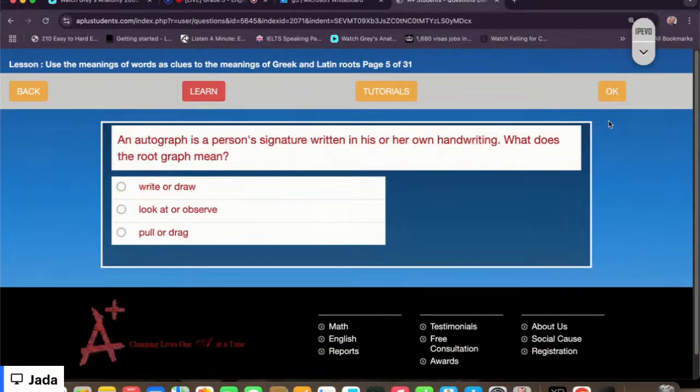Okay. An autograph is a person's signature written in his or her own handwriting. What does the root graph mean?